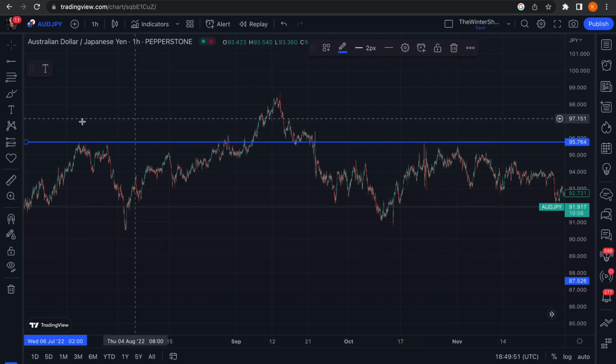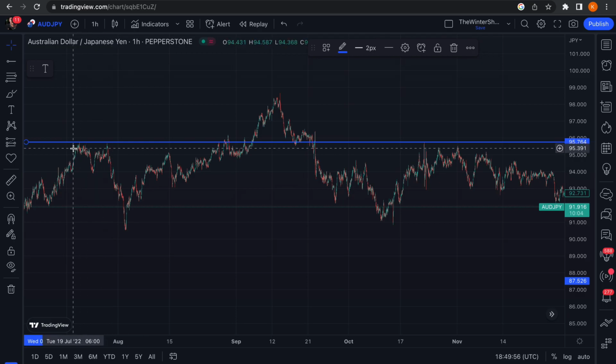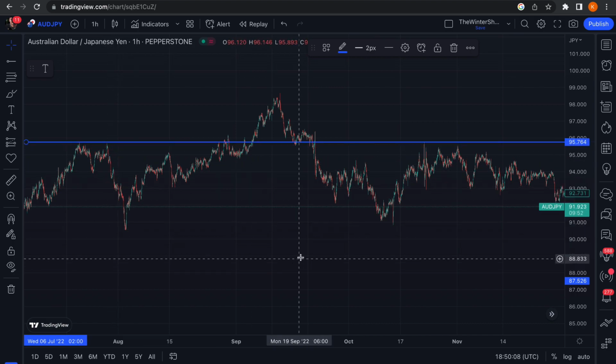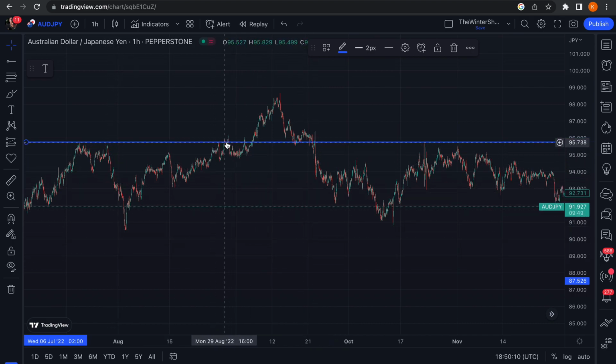Okay. We can see in July, 20th of July through to the end of July, it's come up, it's hit it, it's acted as a resistance barrier, it's come down, it's come back up, it's acted as a resistance, it's come down. Okay, and then we can see again, had a little bit of foreplay with it here in August, September.